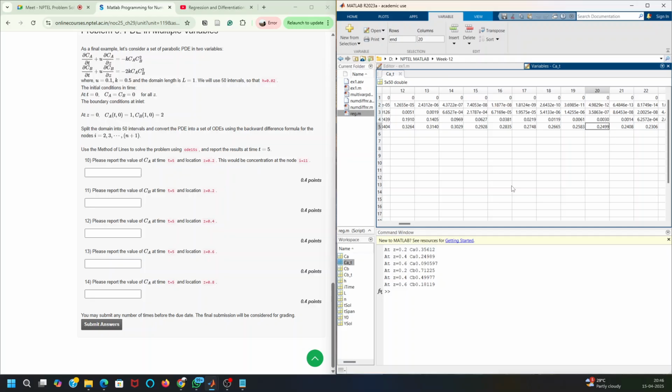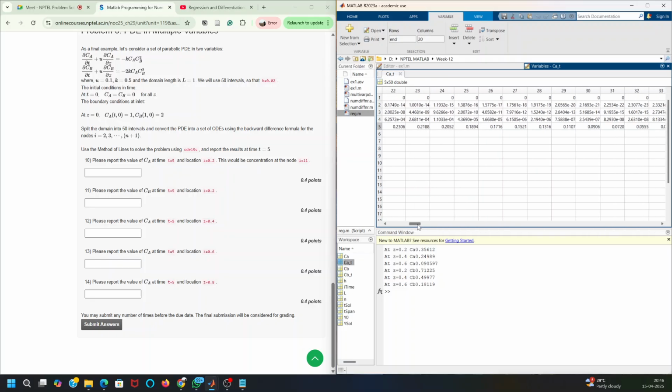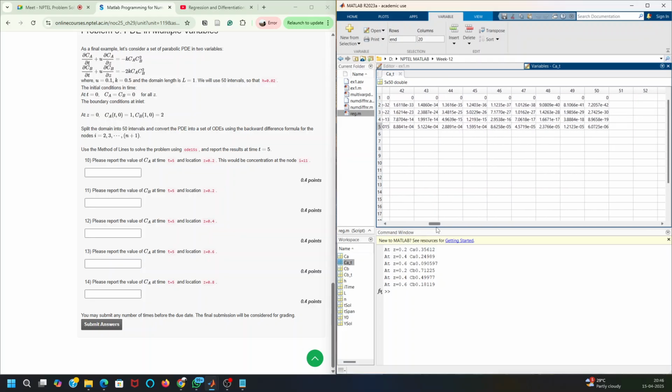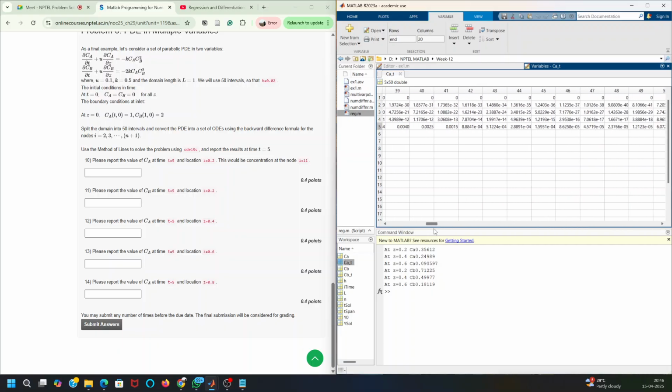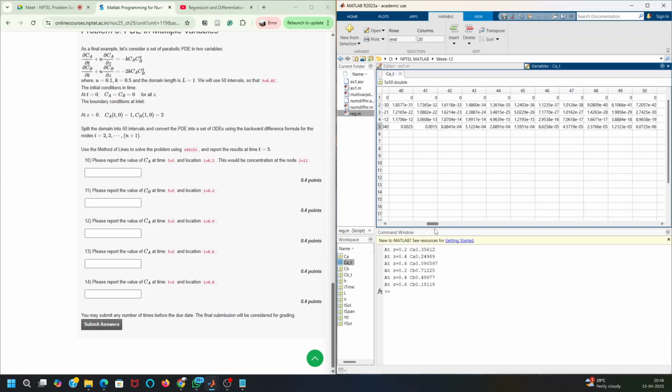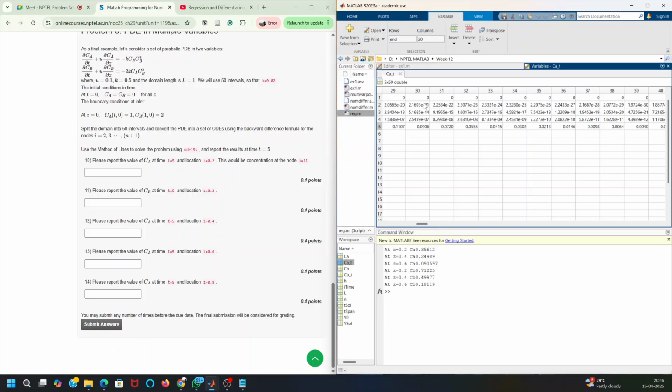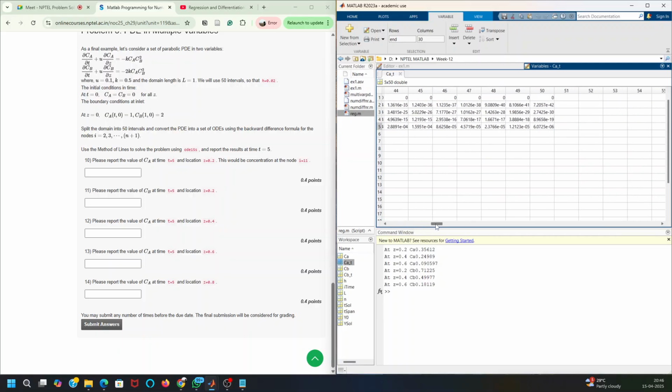And 0.6 will occur at 30. Sorry, it will occur at 30. So this is my concentration in CA. If you are jumping to 0.8, you will get it at 40.